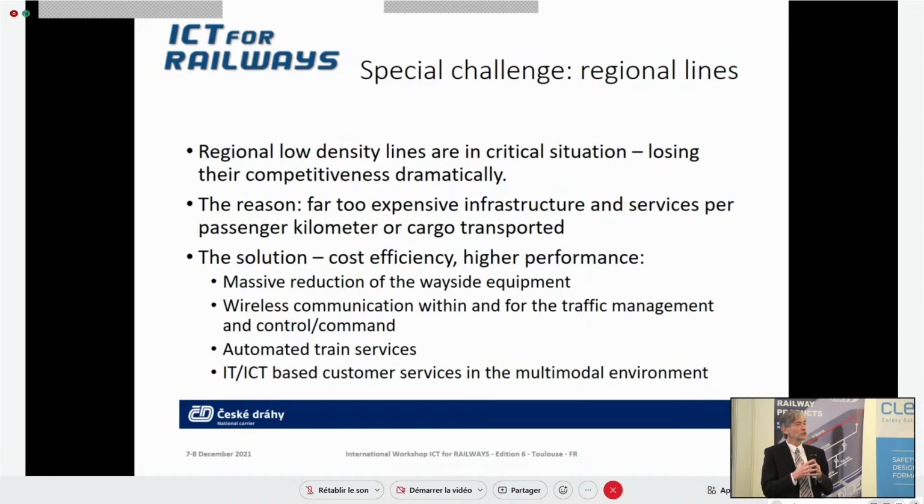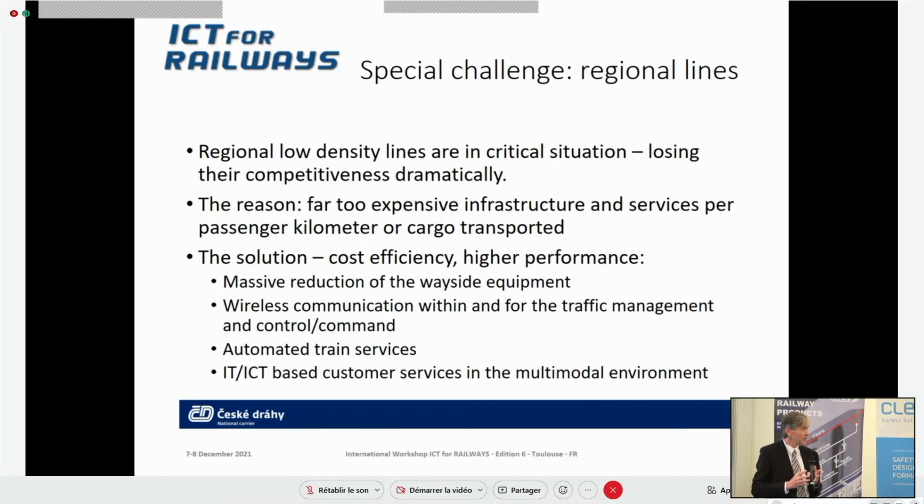If you are not going to do something very quickly with the regional lines within the next 5 years, we will experience massive closure of those lines in the whole of Europe, and a really massive one. Because if we are having troubles with competitiveness on rail freight, then concerning the regional lines, the cost structure and the competitiveness vis-à-vis the road, so individual car transportation or the buses, is catastrophic.